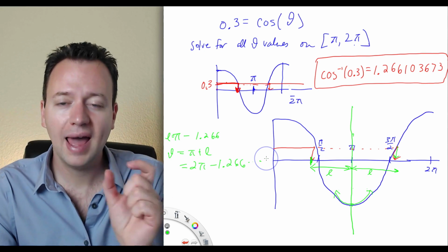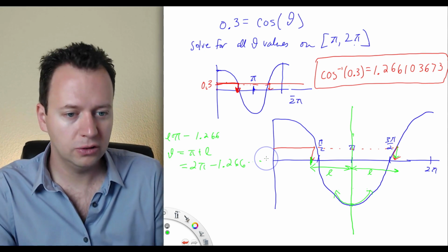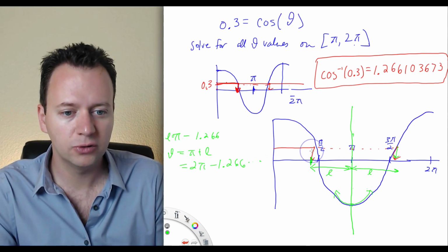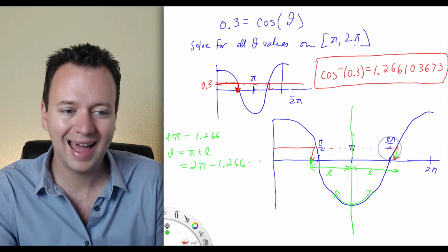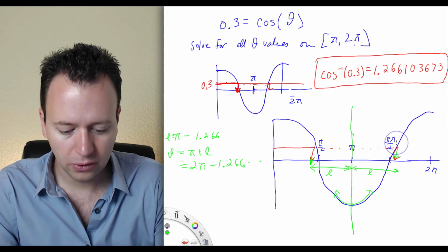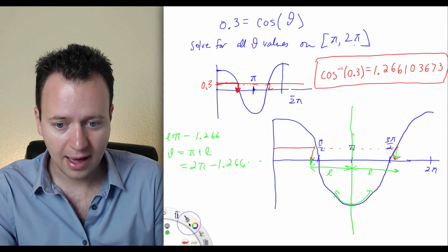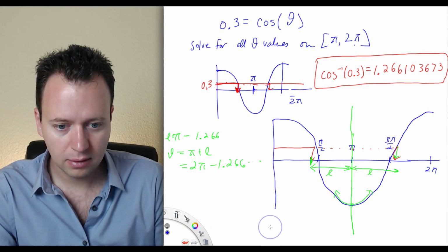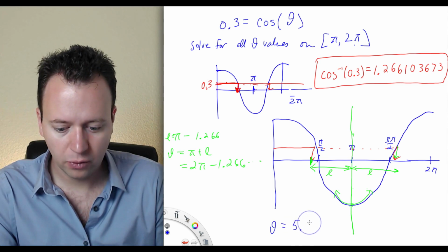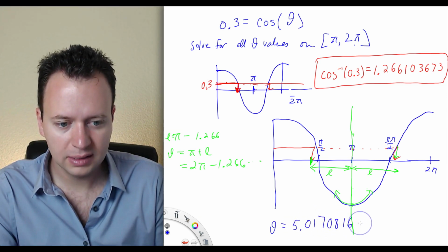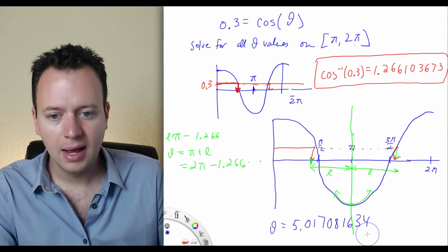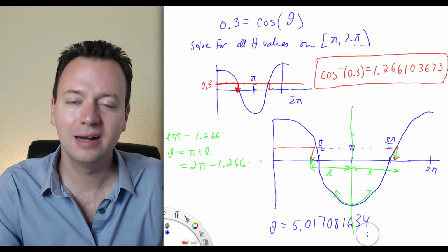And now I just want to add that L onto pi. So instead of subtracting it to get to this root, I'm going to add it to get to that root. So I add that to pi, and I get a theta value of 5.017081634.